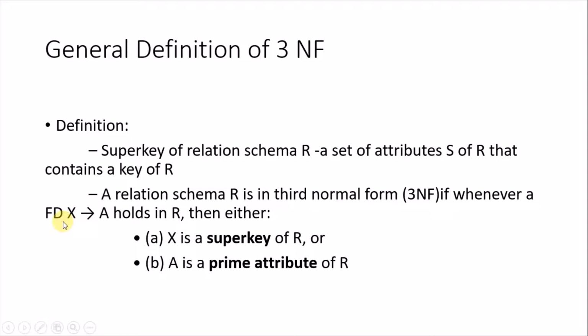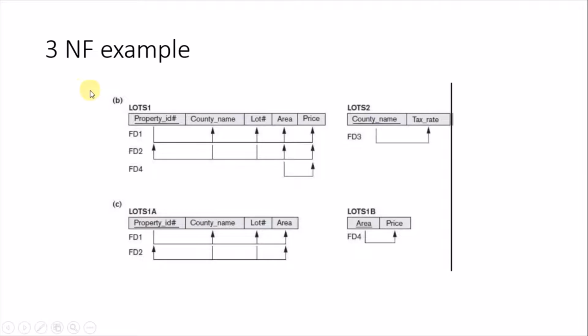Here again the relation loads 1. There we have two functional dependencies, from the primary keys to all other attributes. And consider FD4, where we have a functional dependency from area to price. The third normal form says that if you have a functional dependency X to A, then either X is a super key or A is a prime attribute.